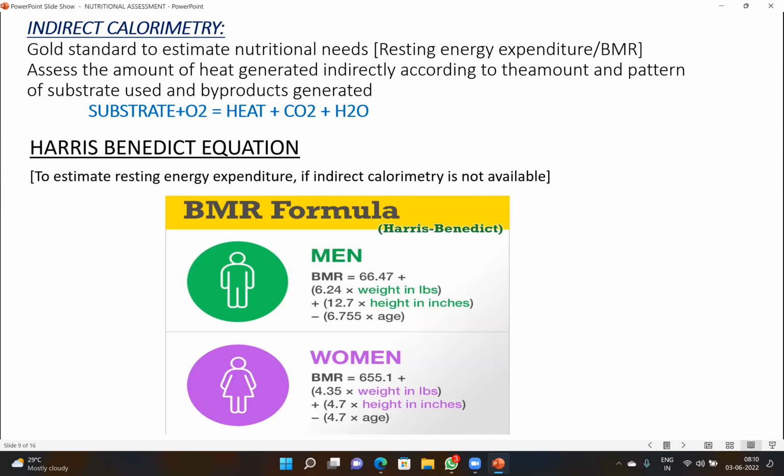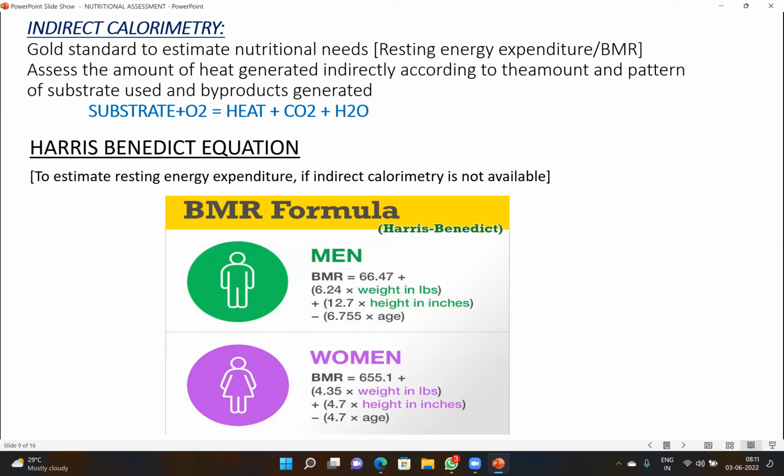If we don't have the indirect calorimetry, or we cannot do that, then we can go for Harris-Benedict equation. It's a bit complicated. In males, this is calculated as 66 plus 6.24 into weight in pounds plus 12.7 into height in inches minus 6.7 into age.